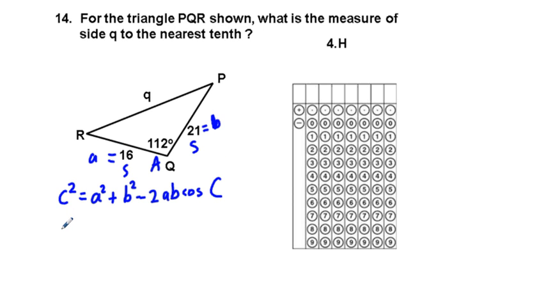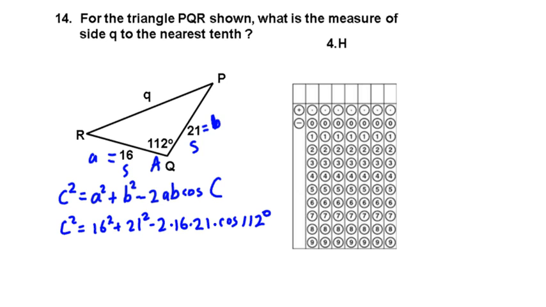And so we're just going to write this as c squared equals 16 squared plus 21 squared minus 2 times 16 times 21 times cosine of our angle, which is 112 degrees.